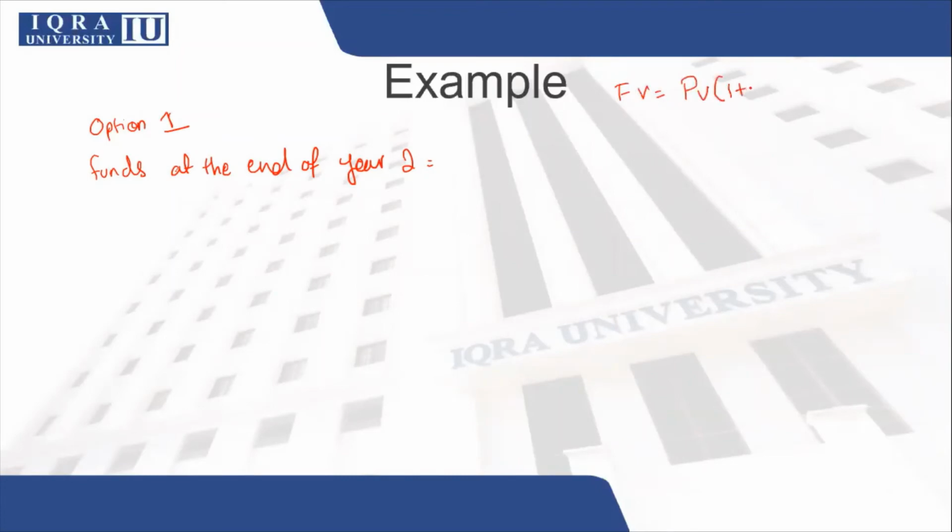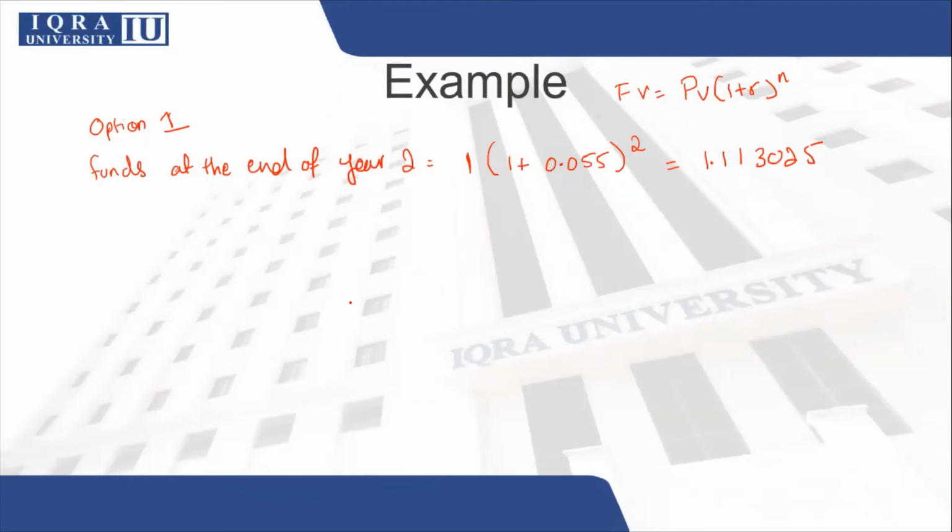You must have studied this in Principles of Finance. So let's assume that $1 is being invested. So $1 is the present value and it will be invested at the 5.5% rate. This was the rate for the 2 years. And this is invested for 2 complete years. So this will give you 1.113025.